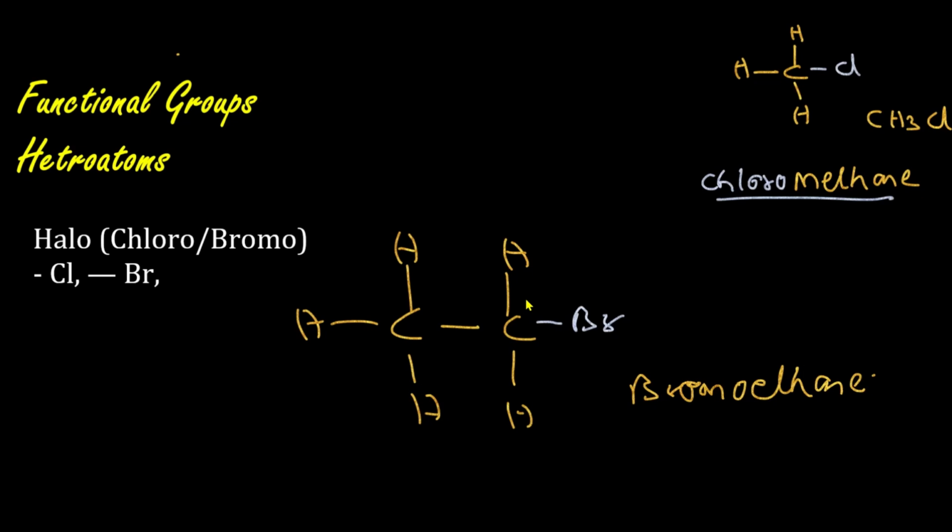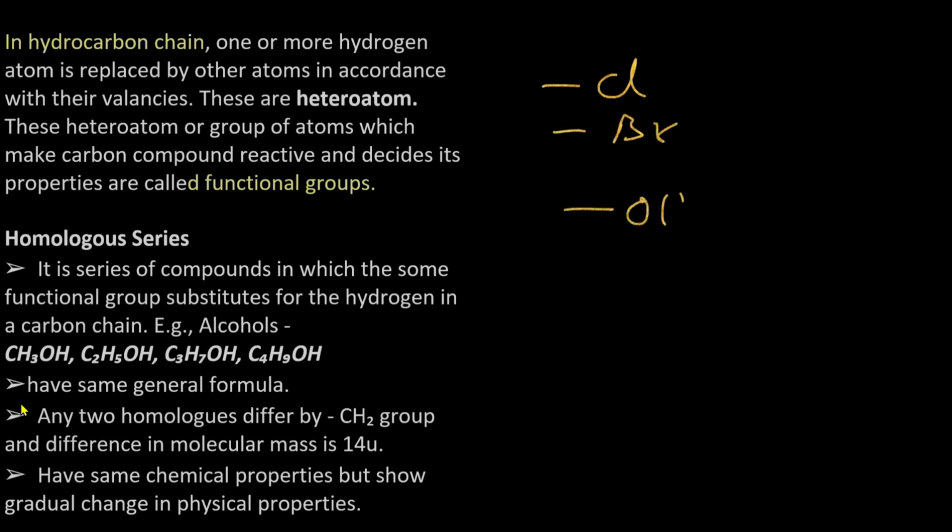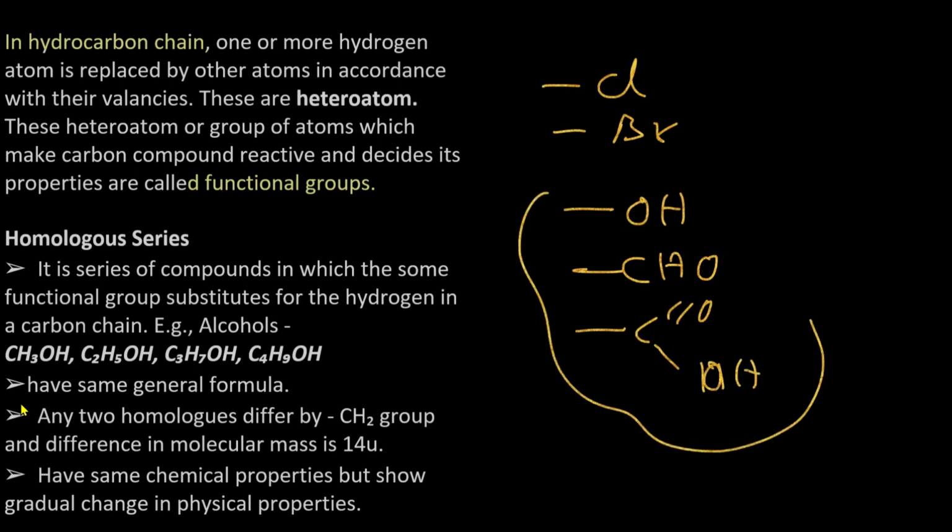Now let's talk about the characteristics of this functional group. As for the definition of this functional group, what we have just observed is that it can be an atom, as in the case of chlorine or bromine, or it can be a group of atoms, as in the case of alcohol or ketone, right?